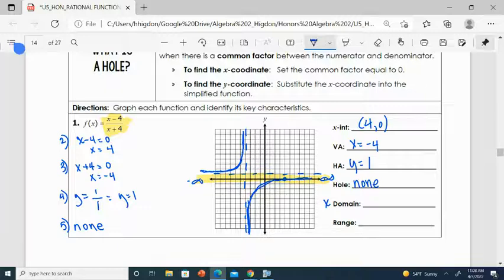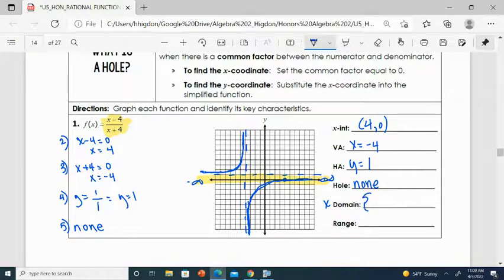So your domain is going to include all x's except for your vertical asymptote. I'm going to write this in set builder notation versus interval notation. Your domain is the set of all x's such that x cannot equal -4, because that's where your vertical asymptote is.